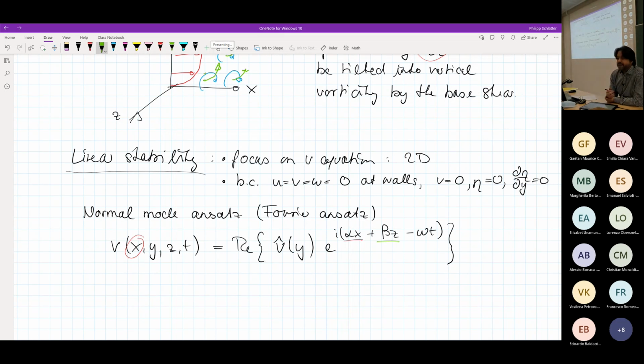I cannot say why this is like that, but the spanwise wave number is just called beta. It's inconsistent, I understand, but that's just what it is.